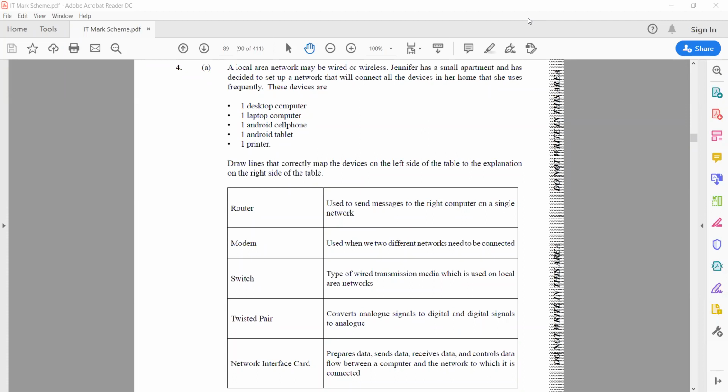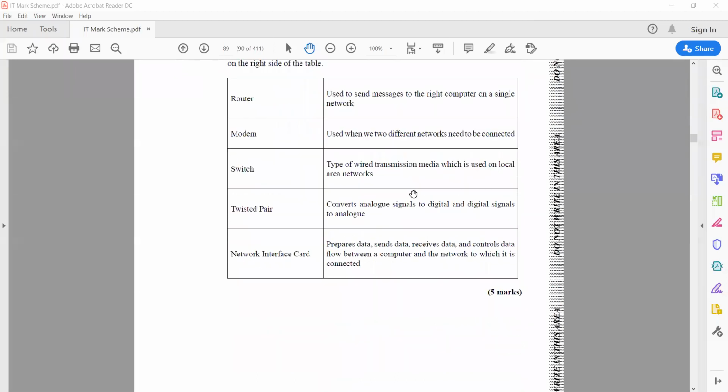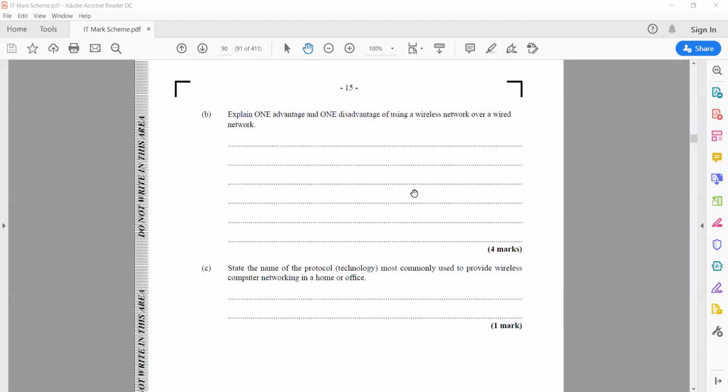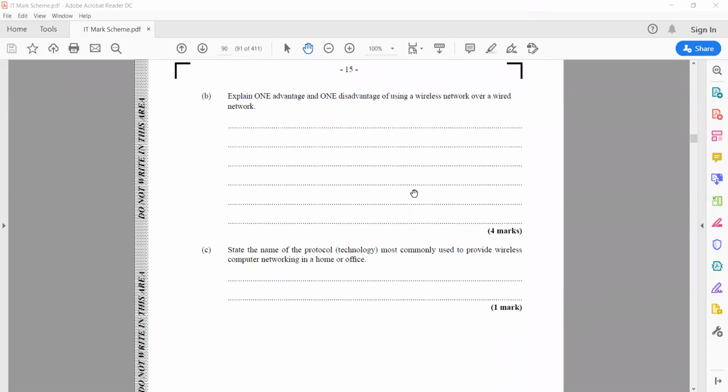So that's the network interface card. Right. The second part of the question: explain one advantage and one disadvantage of using a wireless network over a wired network.